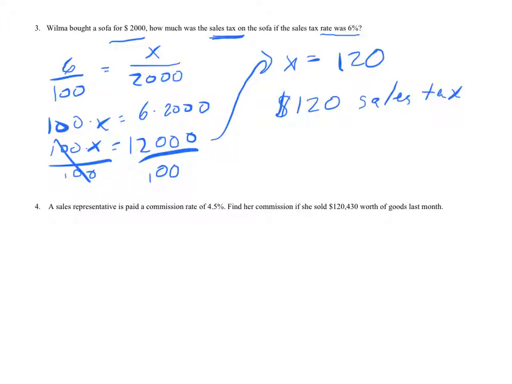That goes in the exact same place as the sales tax rate, 4.5% out of 100. And then on the right-hand side, the total sales are in the denominator of the fraction, and the numerator of the fraction is the commission. So we're looking for her commission, so that would be x, if she sold $120,430 worth of goods. That's our total sales.